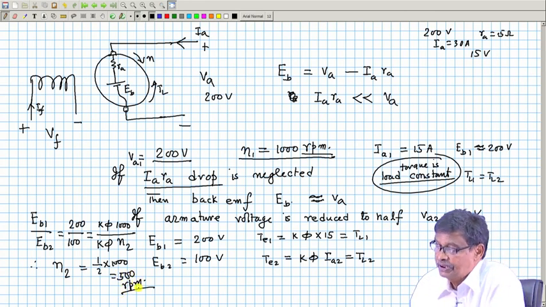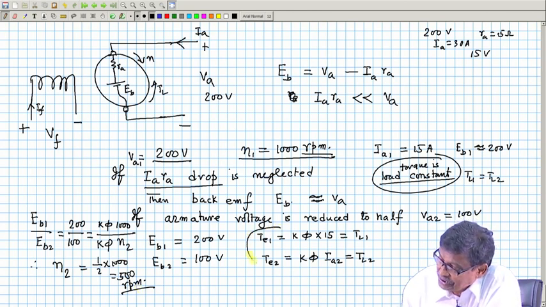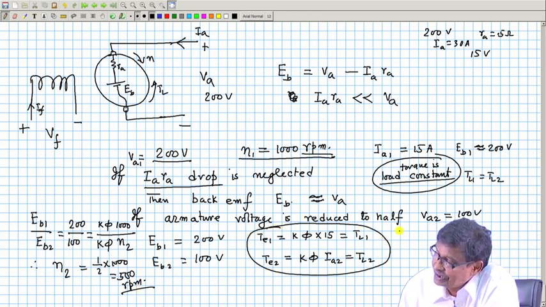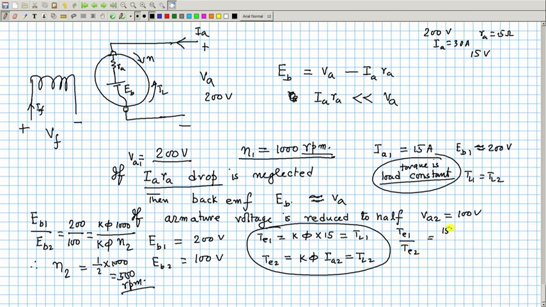And to calculate the new current, you take the ratio of the torque equations, T_e1 by T_e2 is equal to 15 by Ia2, which is equal to TL1 by TL2, and I am telling it is the same. So, it is 1.